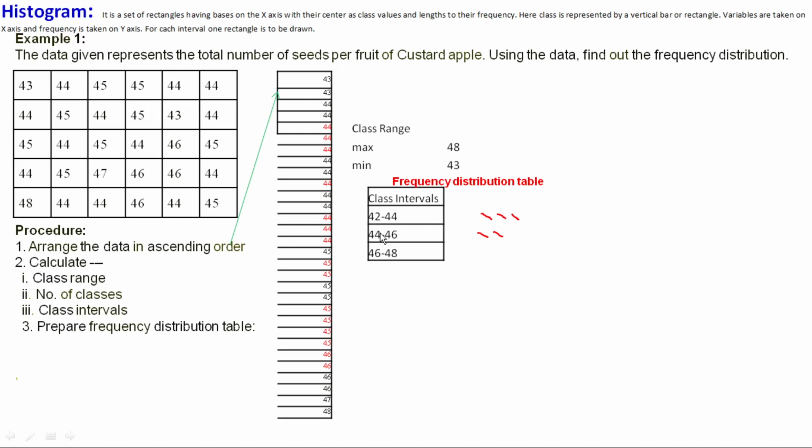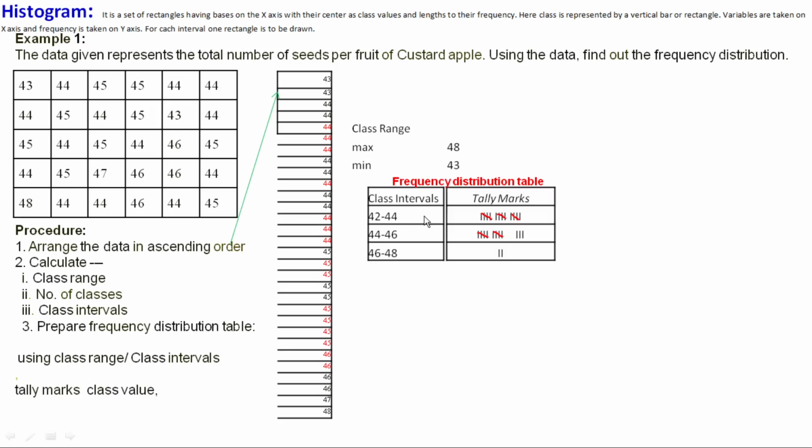For a frequency distribution table, we have to take into consideration the class range, sometimes also called the class interval, and after that we look at the tally marks. Based on the tally marks you get an idea of the repetition.